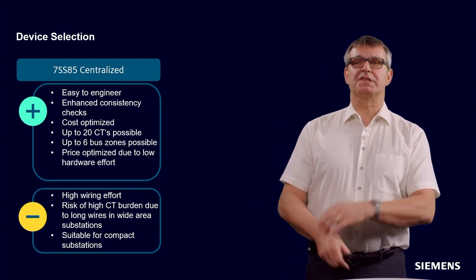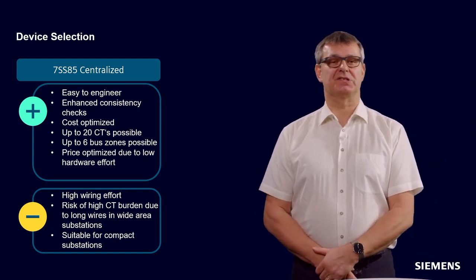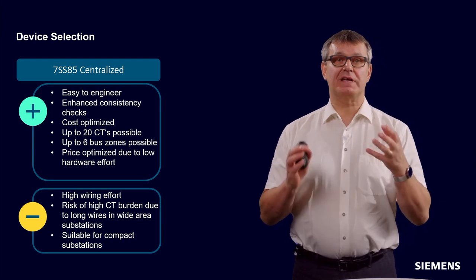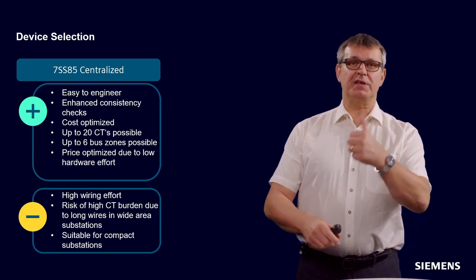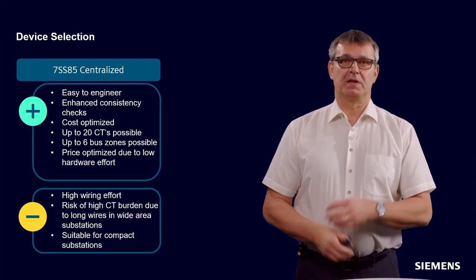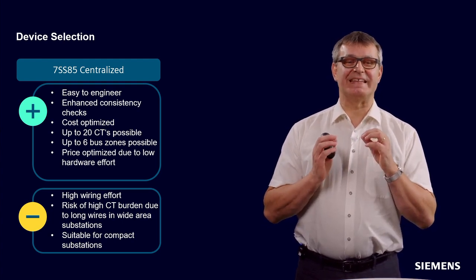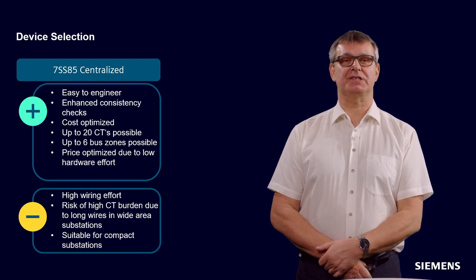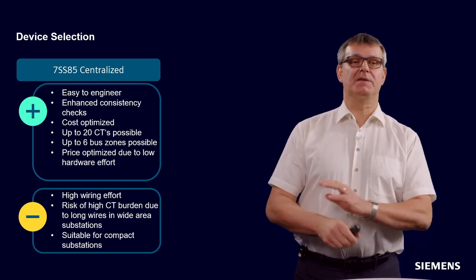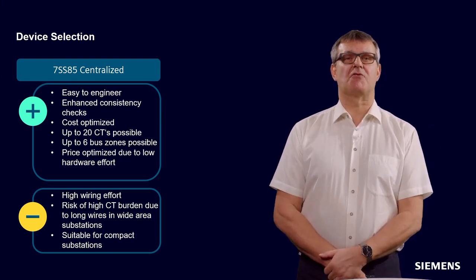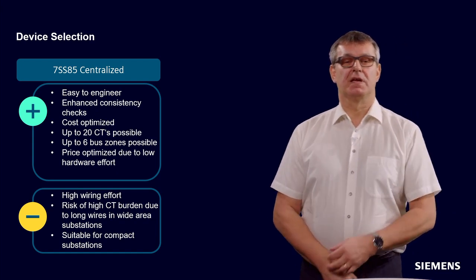Let's start with the centralized busbar protection, the 7SS85. What are the advantages? It's very easy to engineer. Digsi 5 during engineering brings enhanced consistency checks, so it will be nearly impossible to bring a wrong configuration to your device.